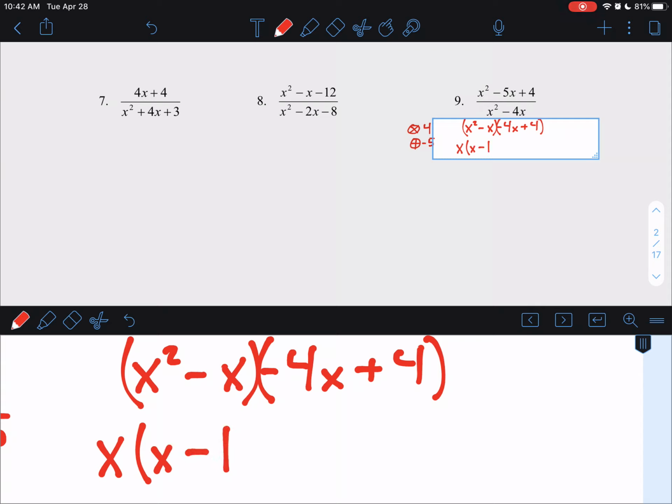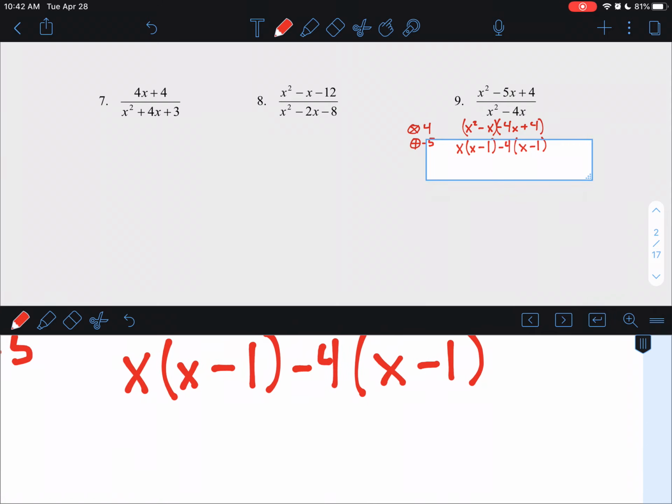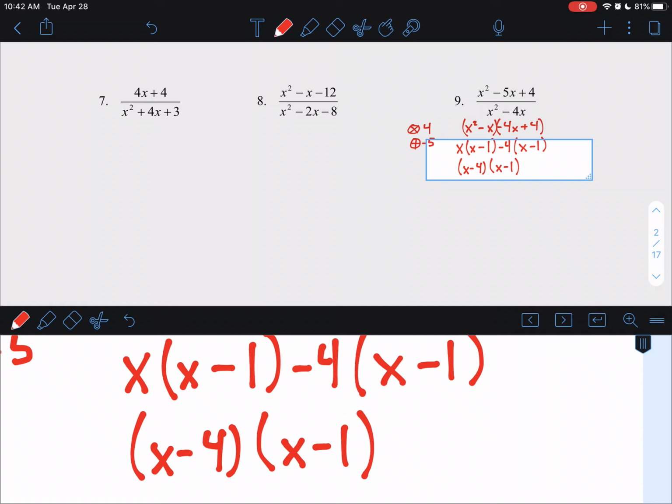So x minus 1. And then I have negative 4x plus 4. The greatest common factor there is 4, but I'm going to pull out that negative 4 because the first term there is negative. So negative 4, and I'm left with negative 4x divided by negative 4 is x, and 4 divided by negative 4 is negative 1, which means the 2 factors of the numerator here are x minus 4 and x minus 1.